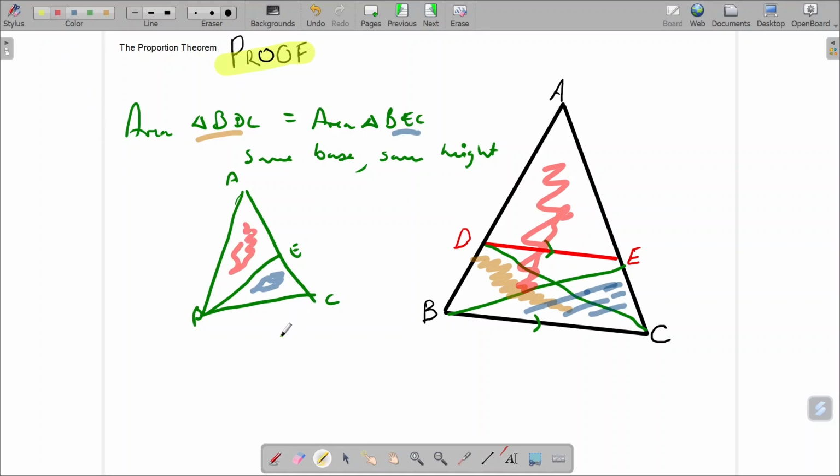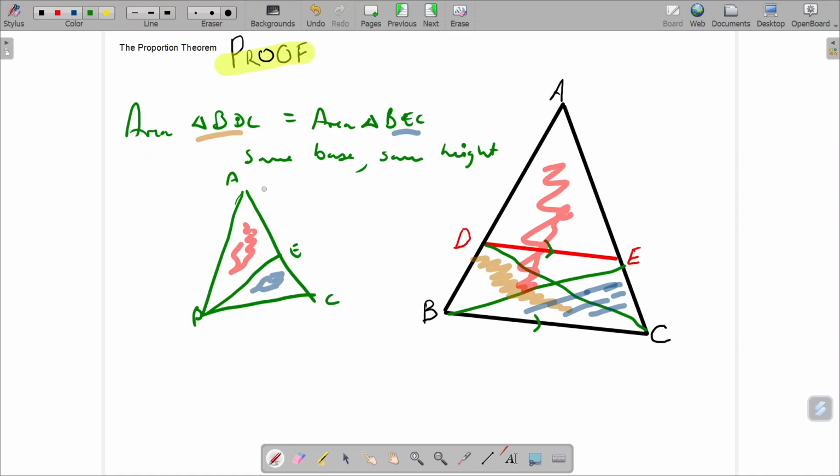Now, again, remember that triangles don't have to have a base that is horizontal. The base can be any side that I want. And therefore, if I choose to have the base as being BC, then the height will be the altitude from the side BC.